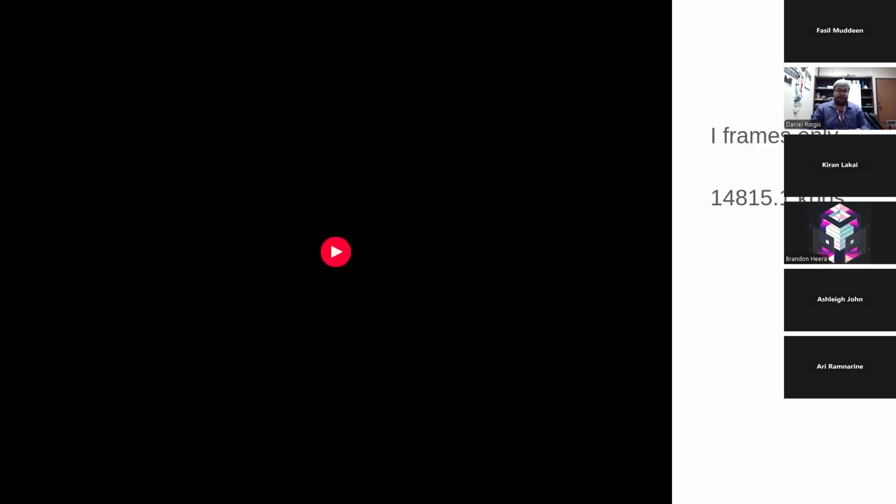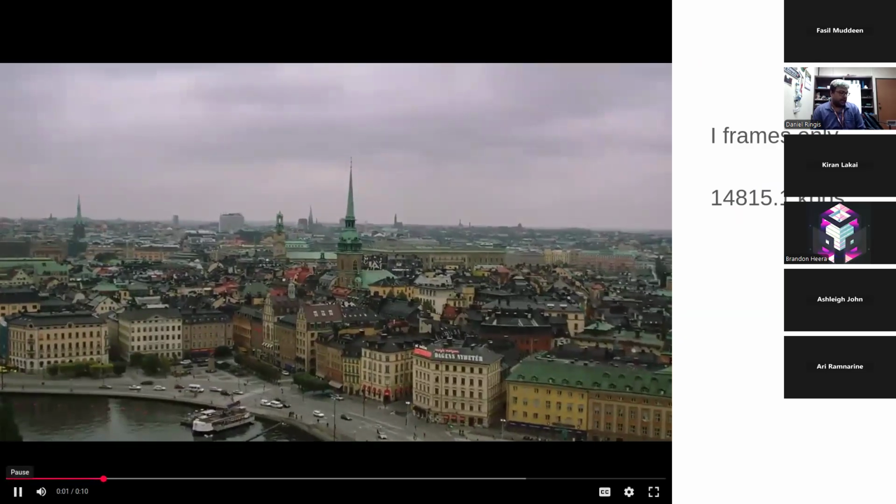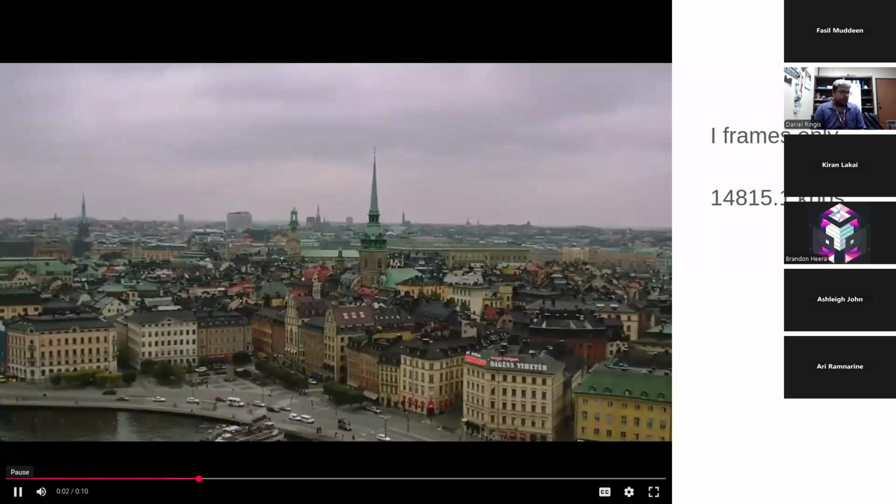So I have 2 more videos, and we're going to look at the video which the frames were coming from. And this here is roughly 14 megabytes, and this is using iframes only. So let's look at it. A nice aerial shot of Stockholm.